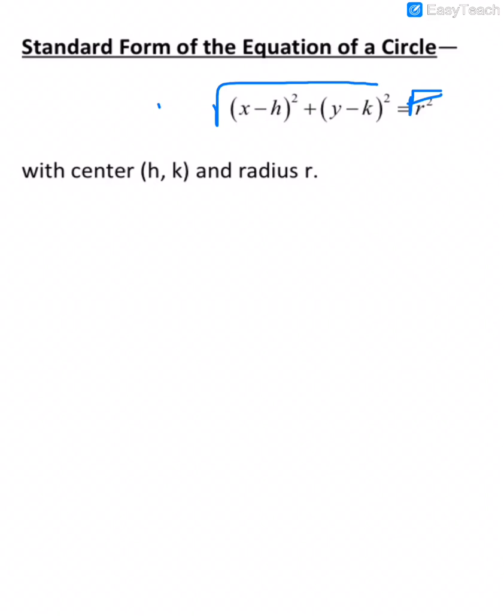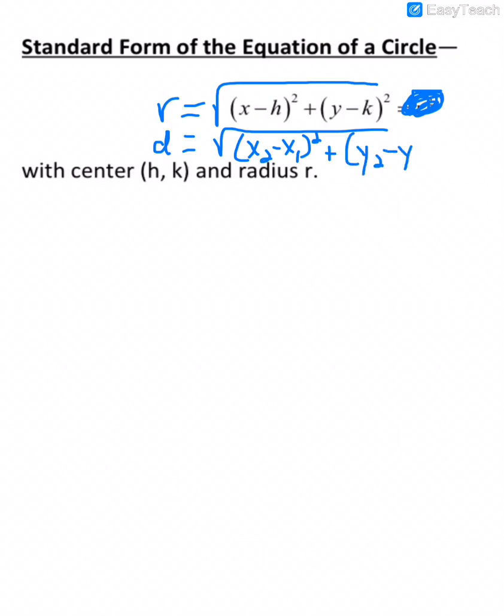So let's look at it like this. r is equal to all of this. Remember, the distance formula is d is equal to the square root of x sub 2 minus x sub 1 squared plus y sub 2 minus y sub 1 squared. So it's really the same formula.